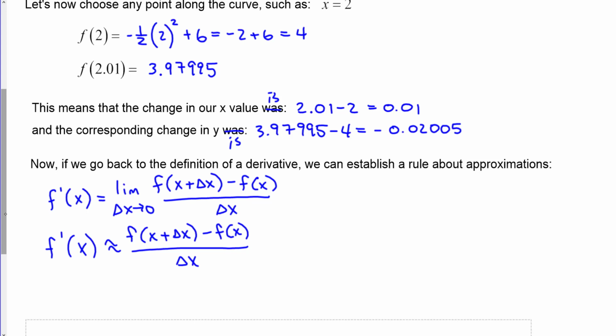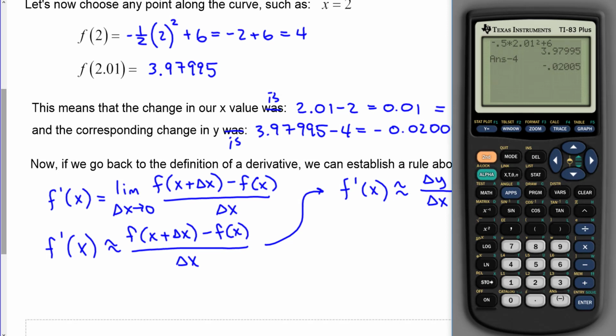Now, this statement we could say f prime of x is approximately the change in y over the change in x. And if you'll notice, up here I've calculated change in x and the change in y. Okay? So, if I take the change in y divided by the change in x, that gives me an approximation to the derivative at that point.